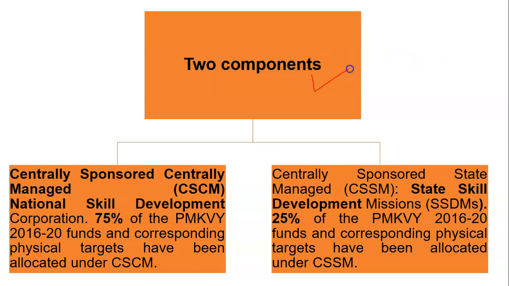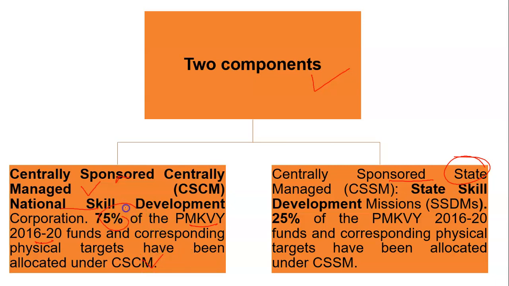It also has two components like our previous scheme. The one is centrally sponsored and centrally managed, and the second is centrally sponsored and state managed. In this component, the National Skill Development Corporation will play a major role, and 75% of this scheme's funds for 2016-20 and the corresponding physical target have been allocated under this CSCM.